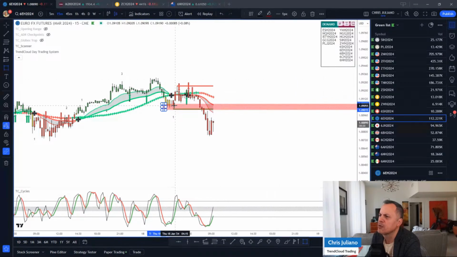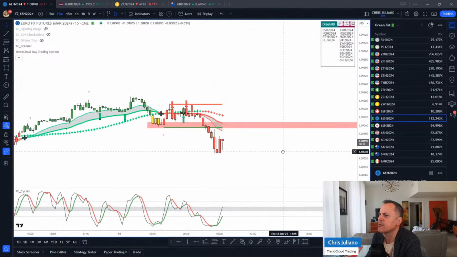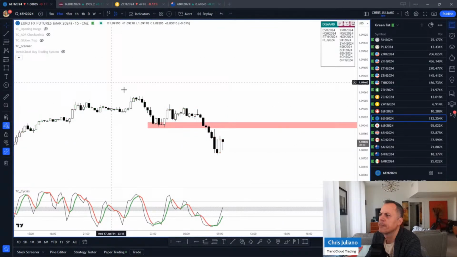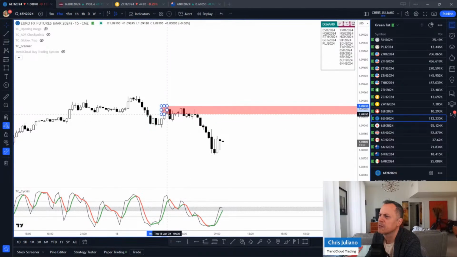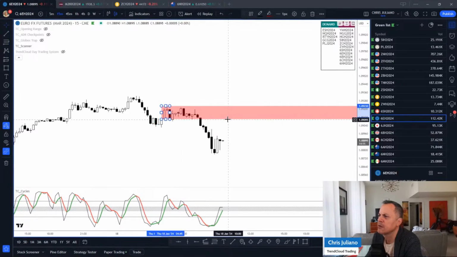Trend cloud, previous support might become resistance now. And we've got this formation here. It's not really a formation, right? It's just a drop and a drop. The real formation would be back up here, right? This consolidation here. What would that cost us?